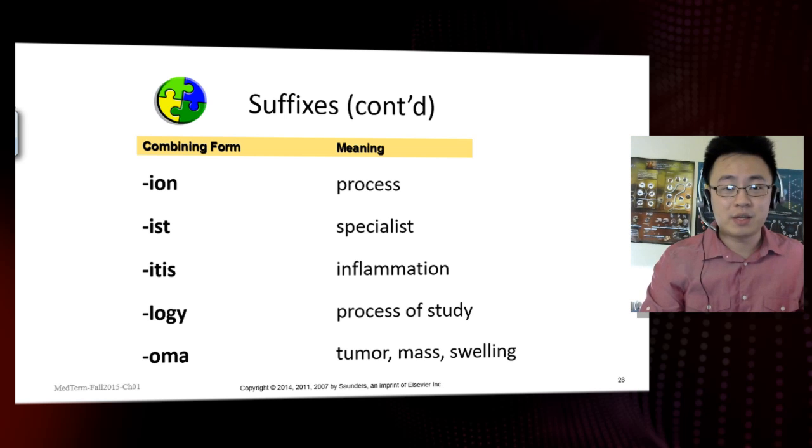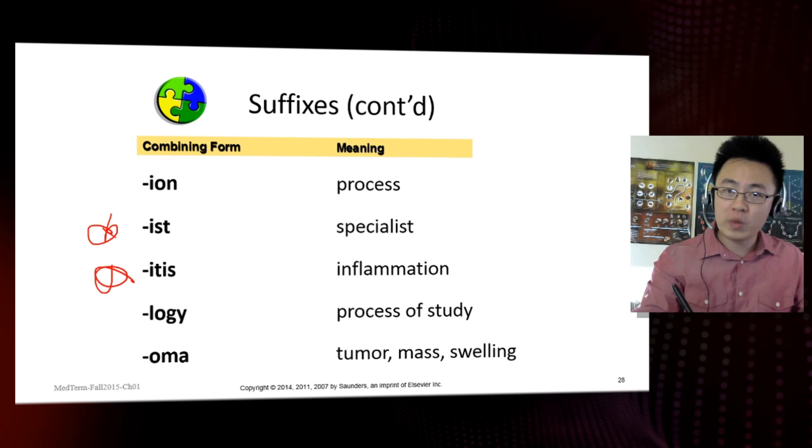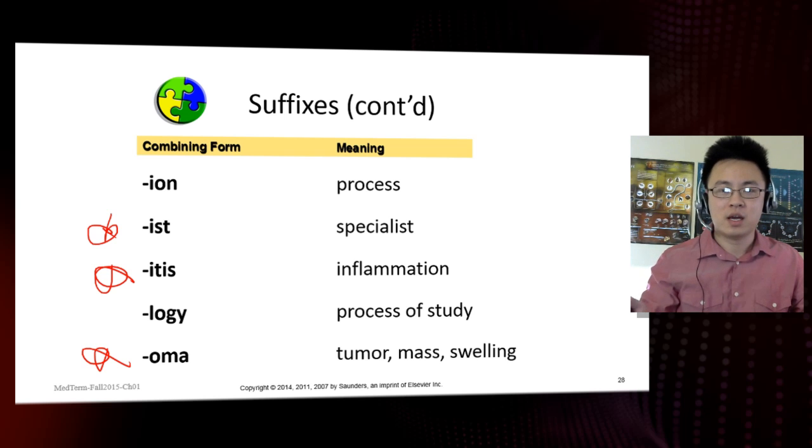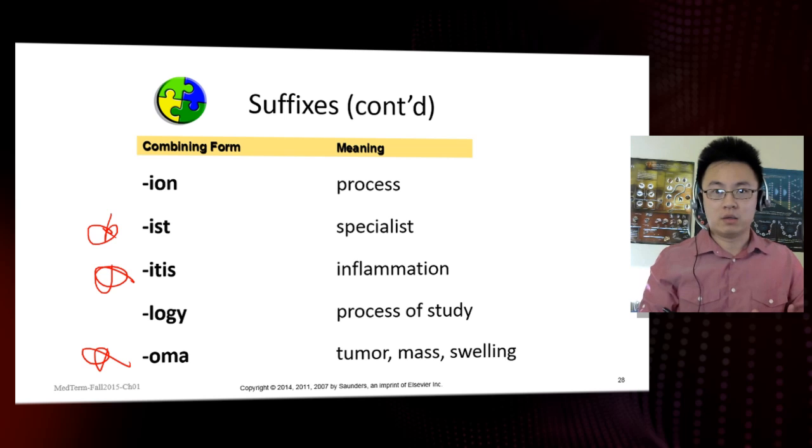Here we go. Ist means a specialist. Itis, which we already know, means inflammation. We have oma, not oma, but oma. In another language it means something else. I'm talking about oma, which means tumor, a mass, or swelling. Again, you see three different definitions here.